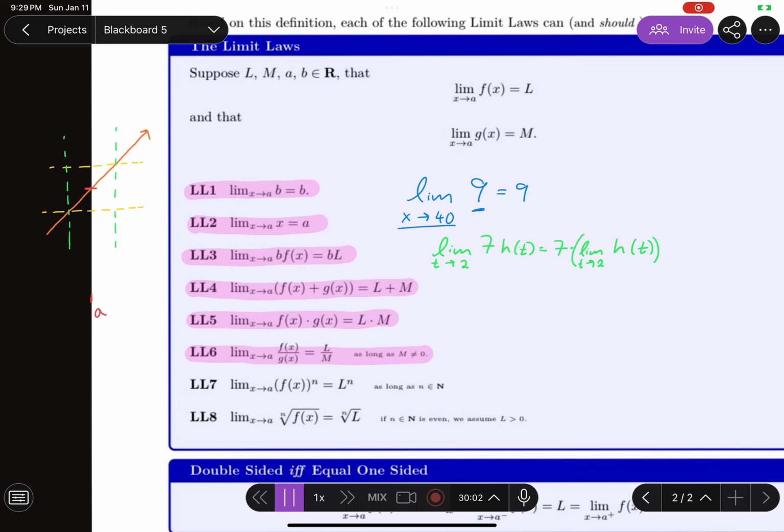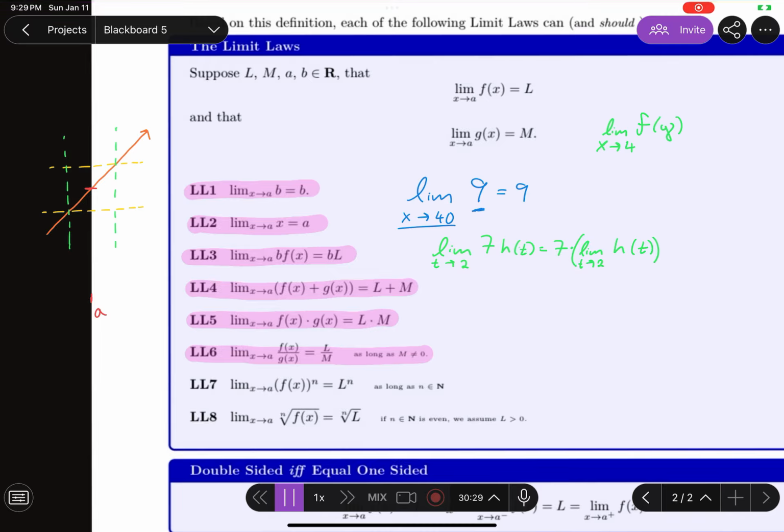Also, just since we're here, I would say this, since I just made that mistake. The limit as x approaches 4 of f of y. Notice this: f is a function in terms of y, but the limit is as x is approaching 4.